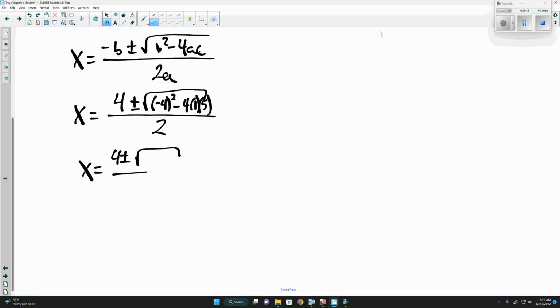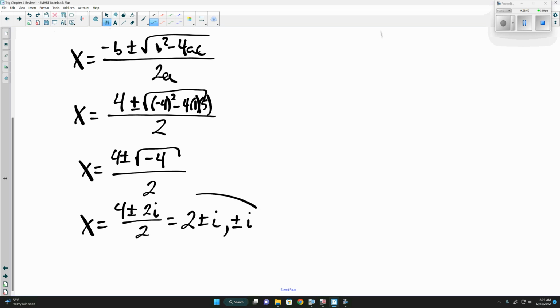So we can simplify everything inside the square root, which incidentally is going to be negative 4, which is going to give us 4 plus or minus 2i over 2, which is 2 plus or minus i. And we also have plus or minus i. Any questions on this here?